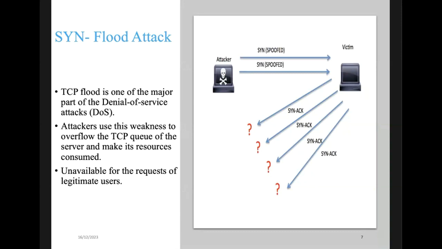So attackers use the three-way handshake to attack servers in three ways. The first way is direct SYN flood attack, the second is spoofed SYN flood attack, and the third is SYN DDoS attack.